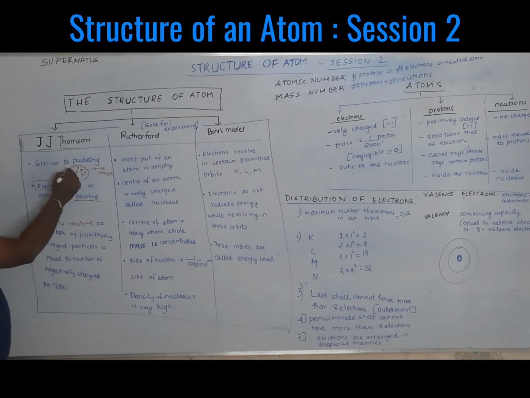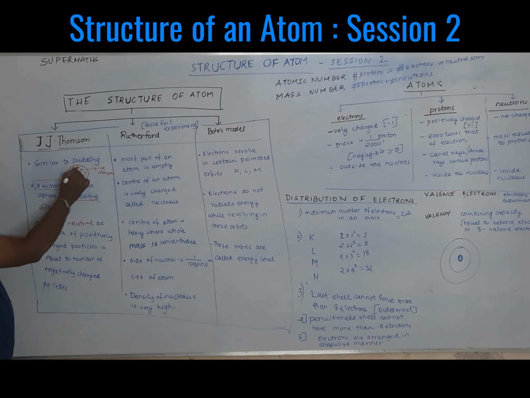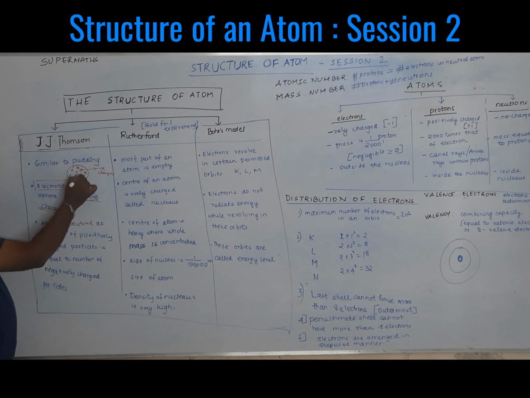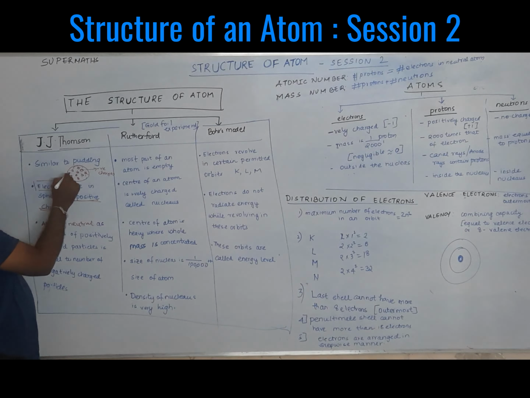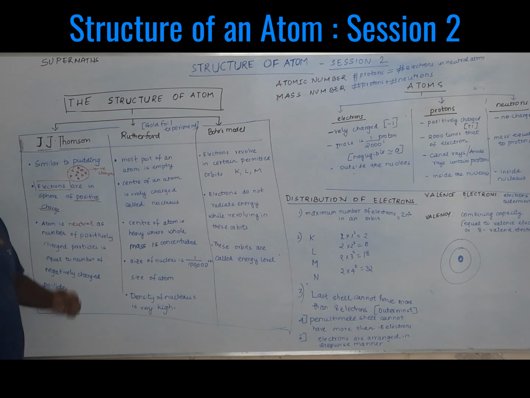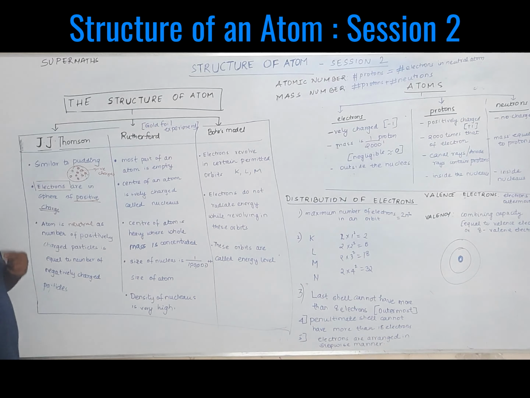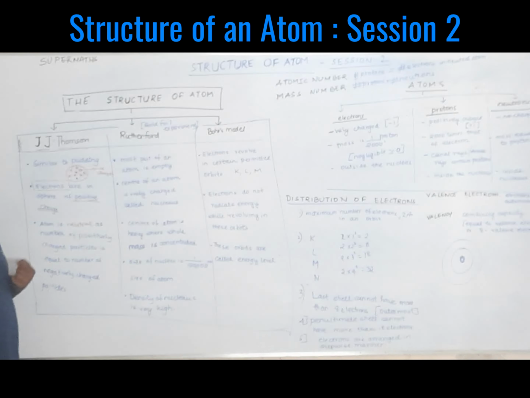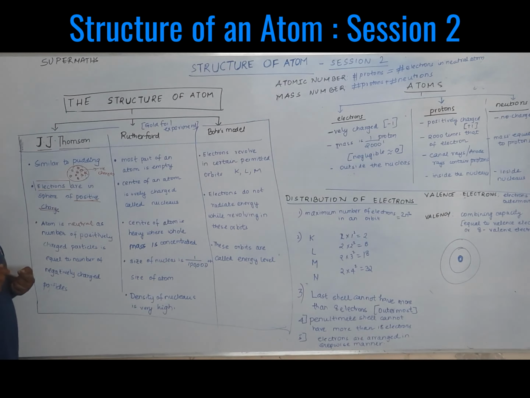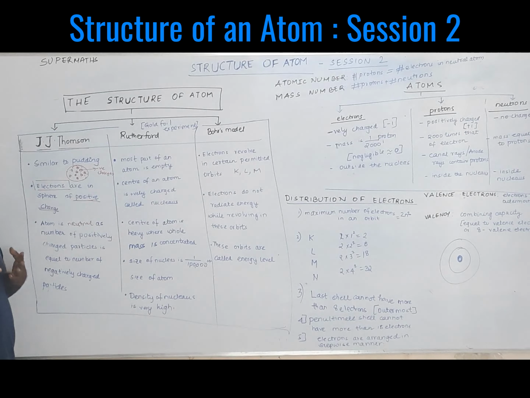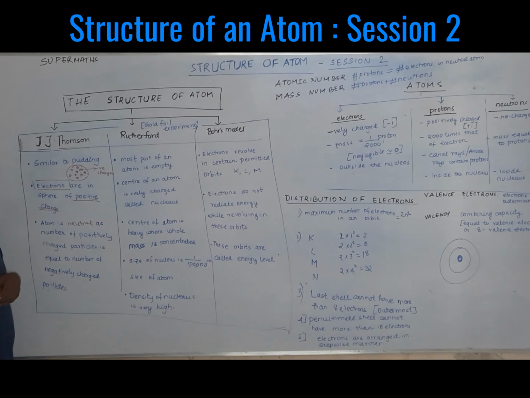Whatever charge these negatively charged particles have will be similar to the charge contained in the positively charged sphere. That's why the atom is neutral. Otherwise, if you touched an atom, you should get a shock, but you don't.